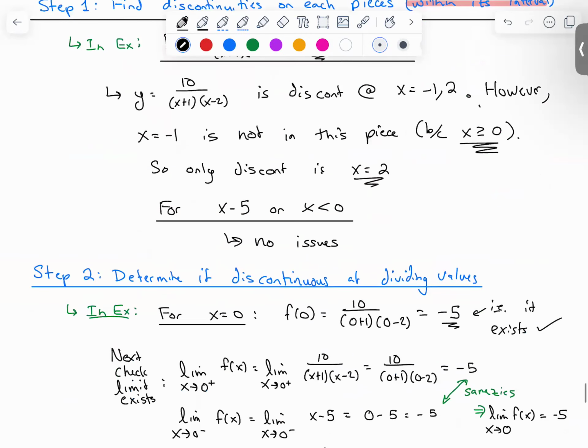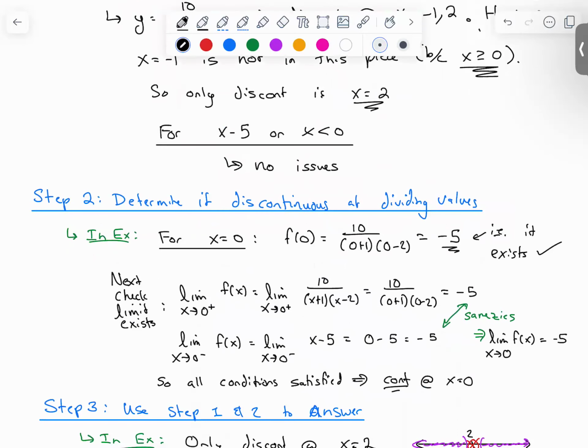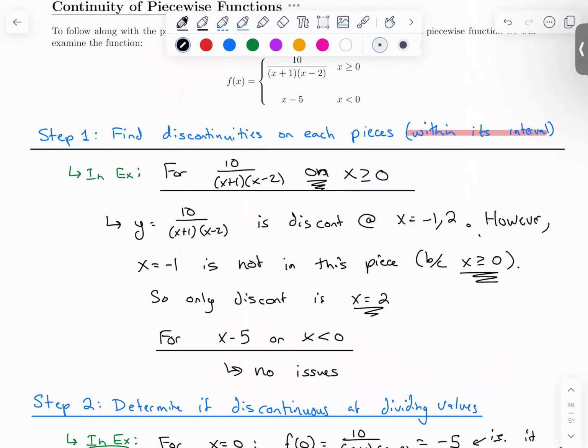If it wasn't a piecewise function, it would have been 2 points of discontinuity. But since it's a piecewise function and it wasn't defined as that function at -1, we just got to remove it. Why wasn't it defined at -1 again? Yeah, because you'd be dividing by 0. Great question.